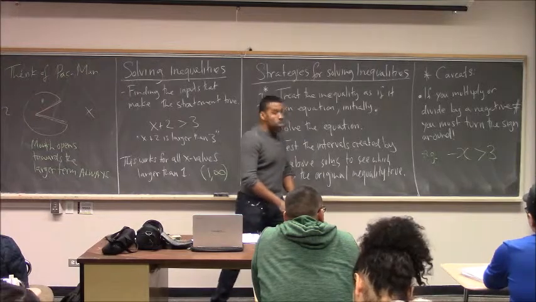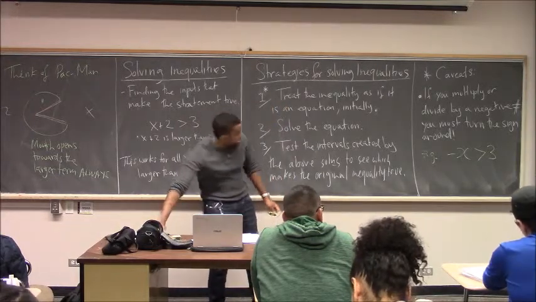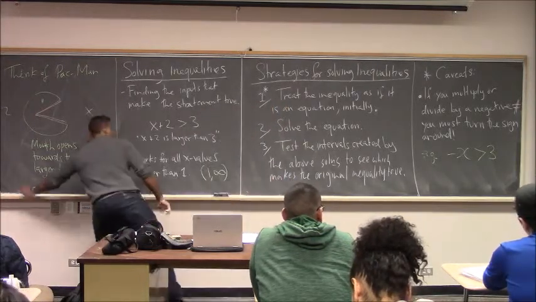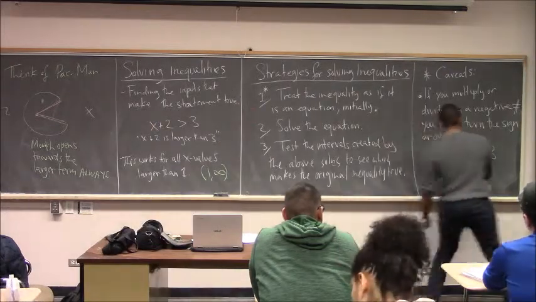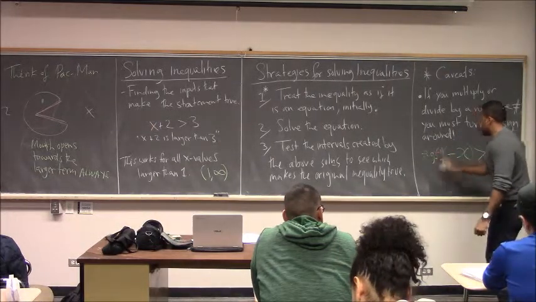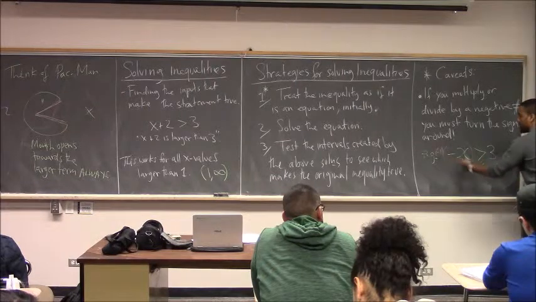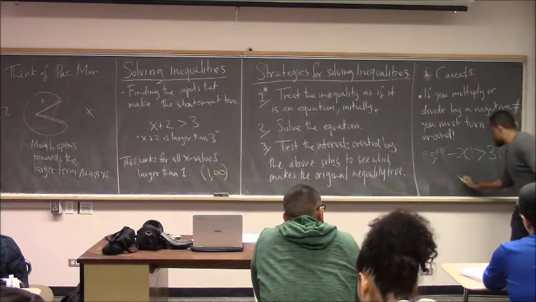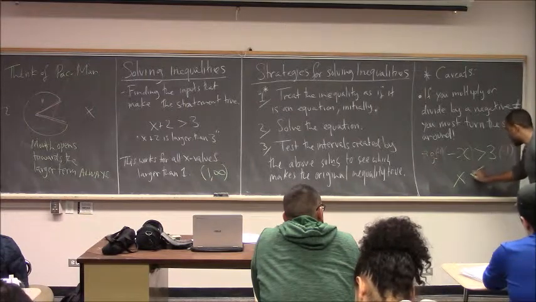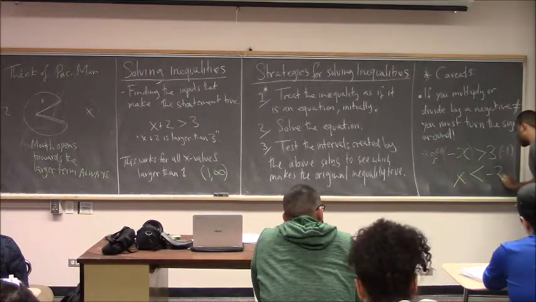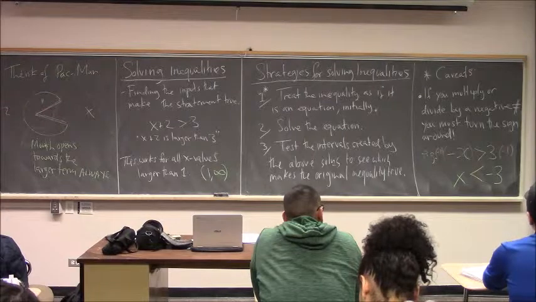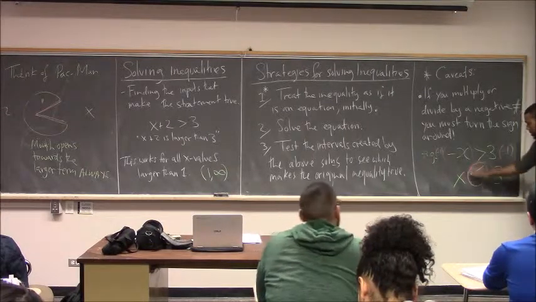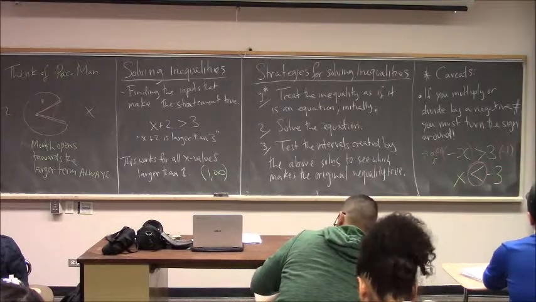When you actually do that and you multiply by a negative, the resulting thing must have the sign flipped the other way. So this has to be something that happens while you're doing that.